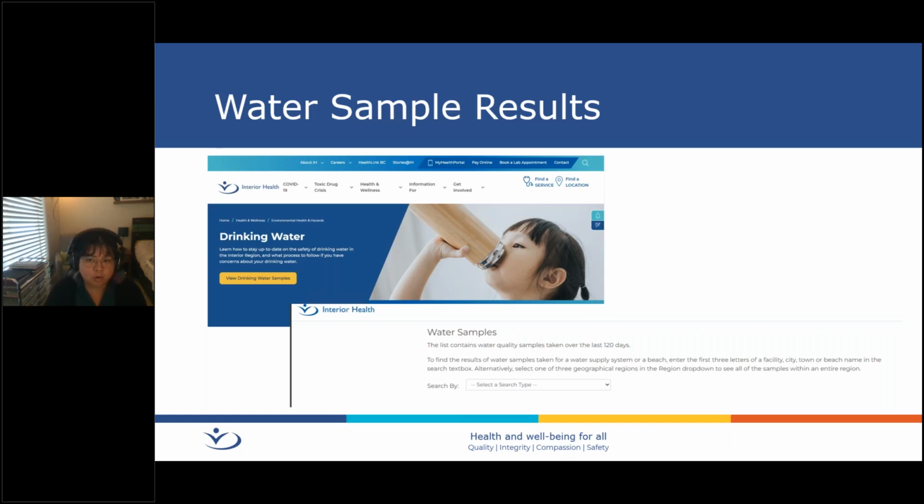So if you are doing any kind of reporting to your water users, you may want to visit this website regularly to obtain the sample results that you can include in your monthly or annual reports to your users.